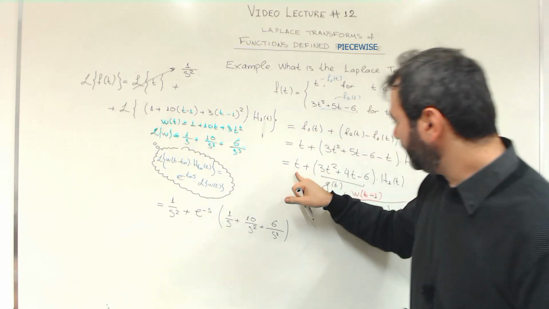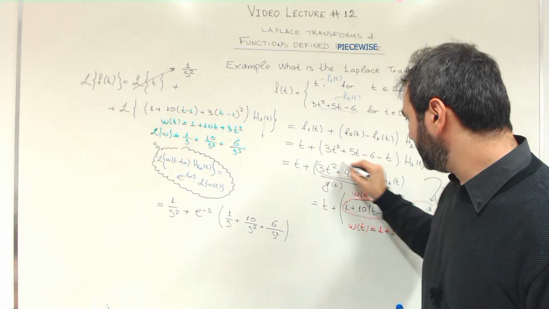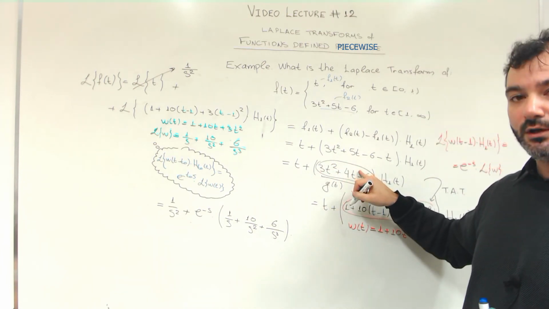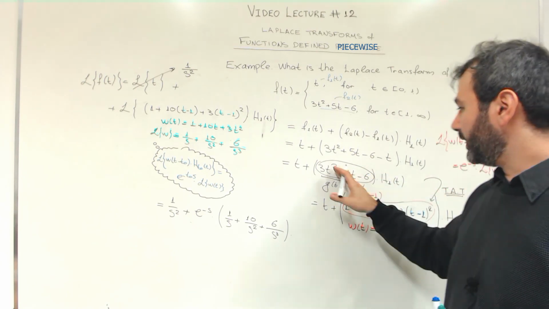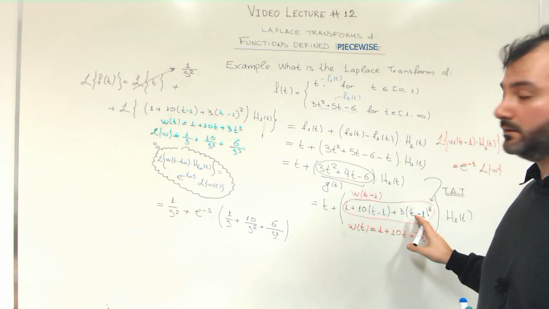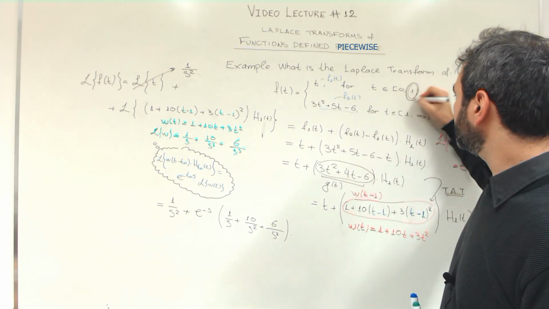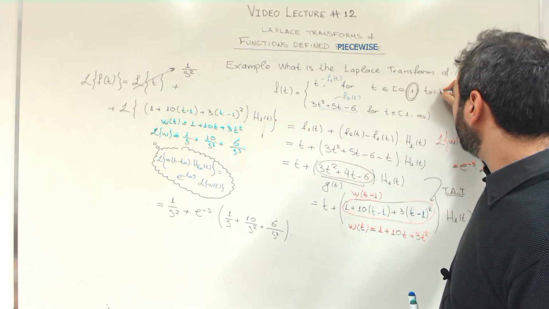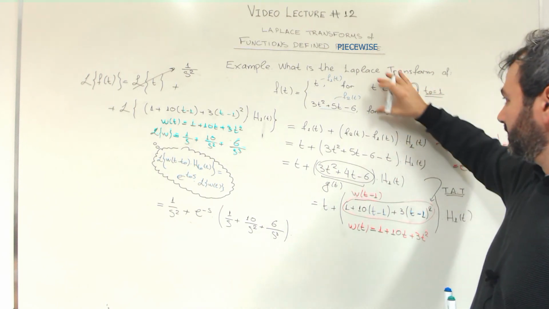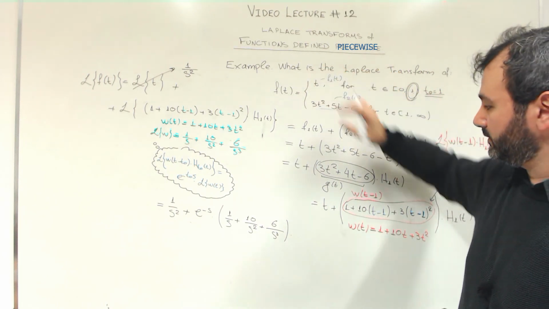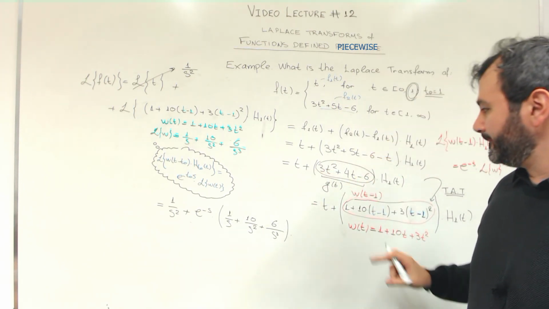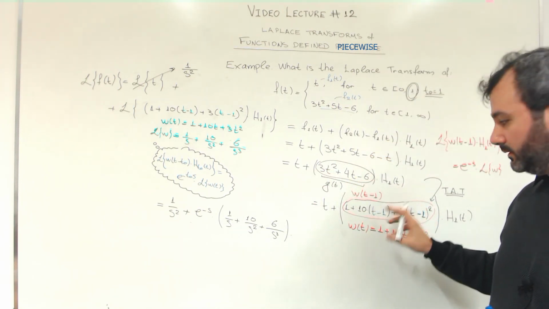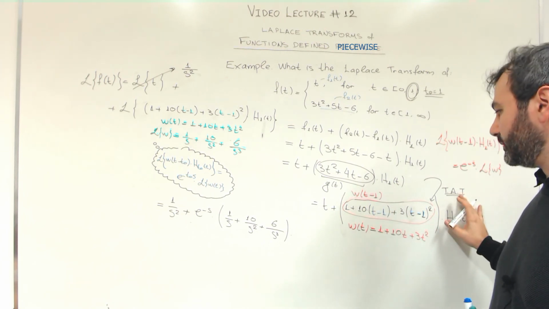Then we identified that this is a polynomial, and we used Taylor's approximation theorem to write it in terms of t minus 1, t minus the time where the function changes definition, from f1 to f2. So we were able to write this function as a function of t minus 1, using Taylor's approximation theorem.